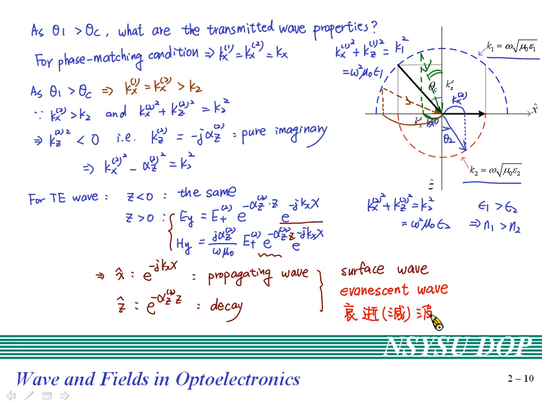Okay, so this is the wave property for the transmitted wave. It will be a surface wave or evanescent wave, which will decay in the z direction.